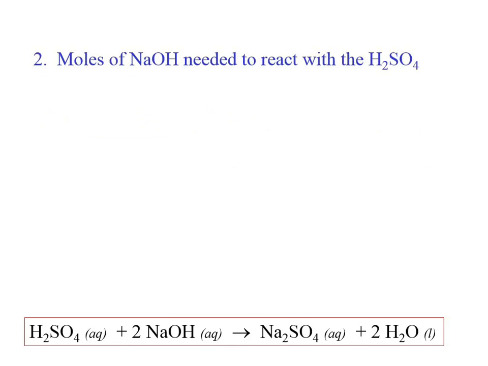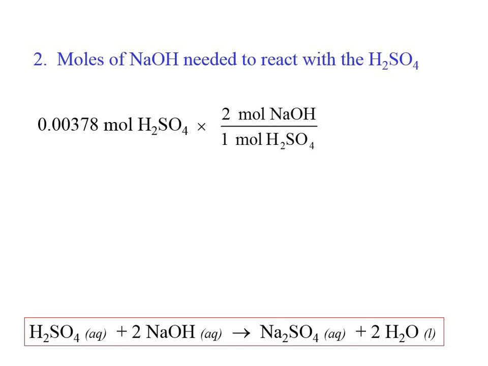For this one, we need the balanced chemical equation. So we talked about, we can come up with a stoichiometric ratio between what we know and what we're trying to get to. So to me, it looks like 2 moles of NaOH per 1 mole of H₂SO4, and that's exactly what we're going to do. So we're going to carry that number from our first calculation, 0.00378 moles of H₂SO4, put it over 1, and then simply we're going to put the 2 moles of NaOH over 1 mole of H₂SO4.